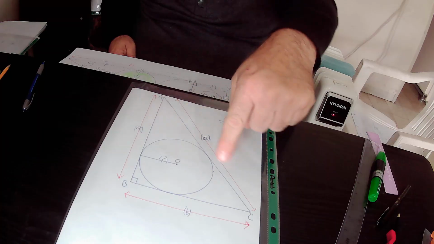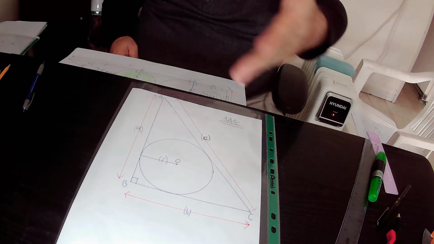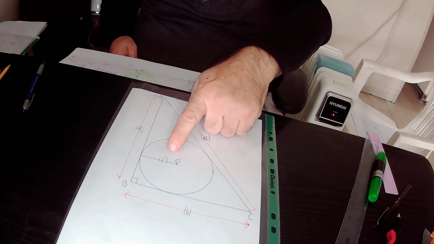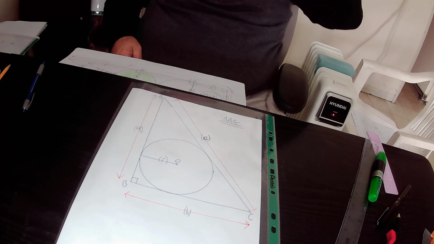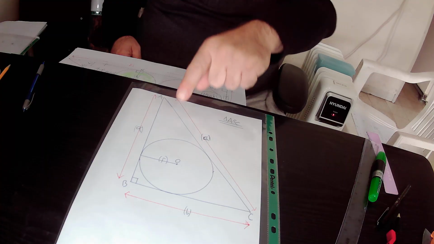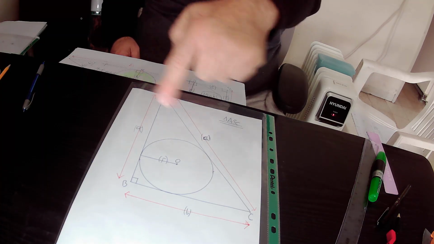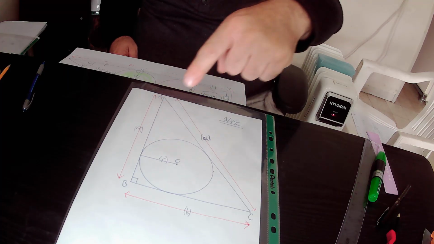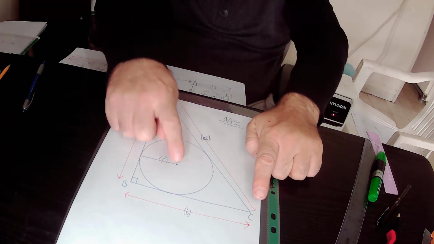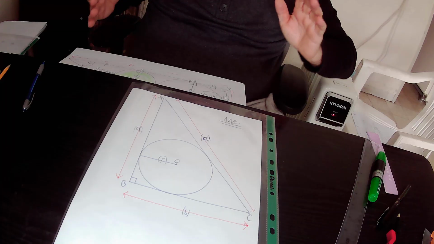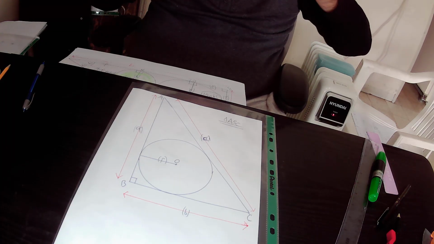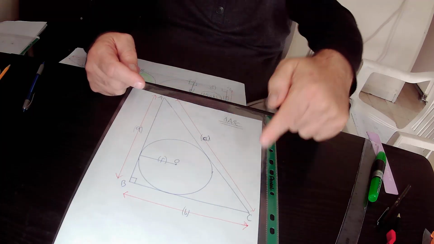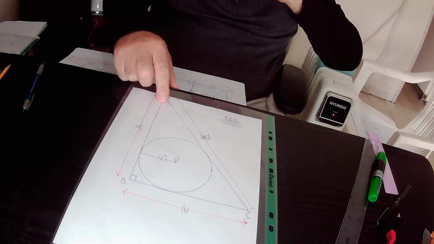Inside this right triangle ABC, we have this circle that is inscribed by the triangle. The radius of this circle is R, and our task is to express the radius R in terms of the side lengths of this triangle ABC. AB equals A units, BC equals B units, the opposite side AC equals C units. Again, our task is to express the radius R of this circle in terms of A, B, and C.